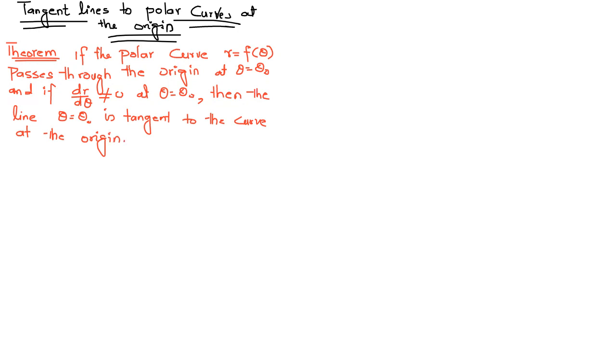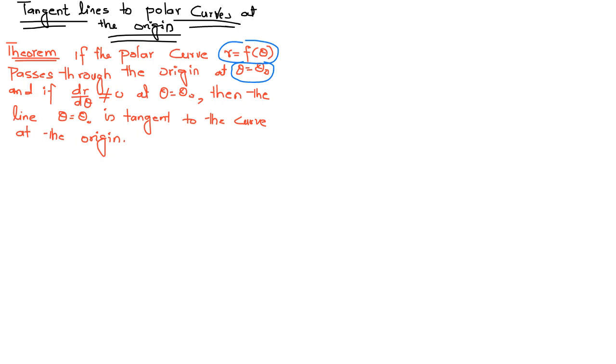What does this statement mean? If you have any curve r equals f of theta, from that curve you can find the points at the origin, which you get from theta equals theta naught.